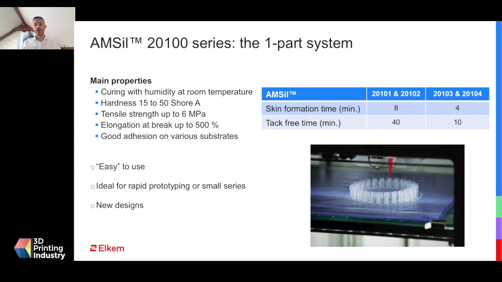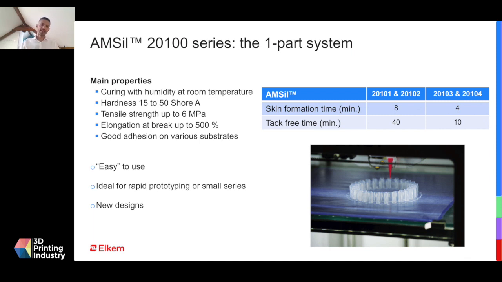We provide a range of hardness between 15 and 50 Shore A today, with tensile strength up to 6 MPa, elongation at break up to 500%, and good adhesion on various substrates.